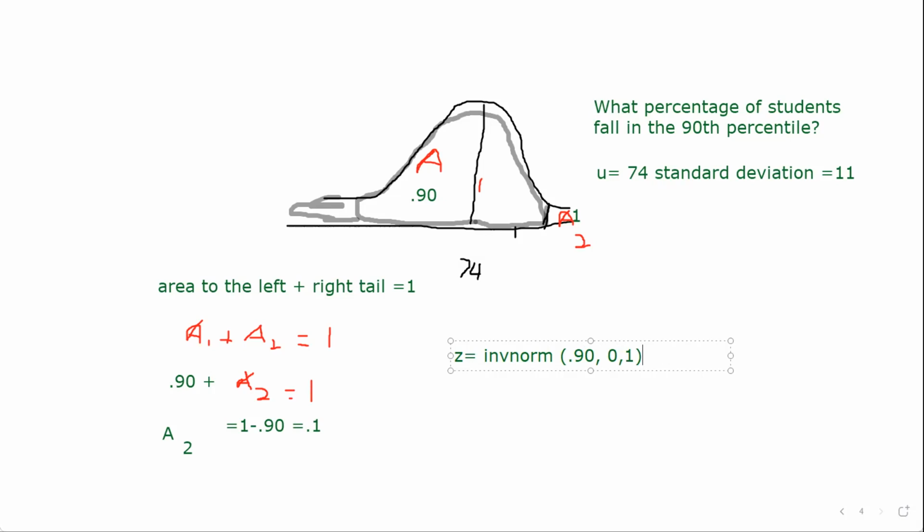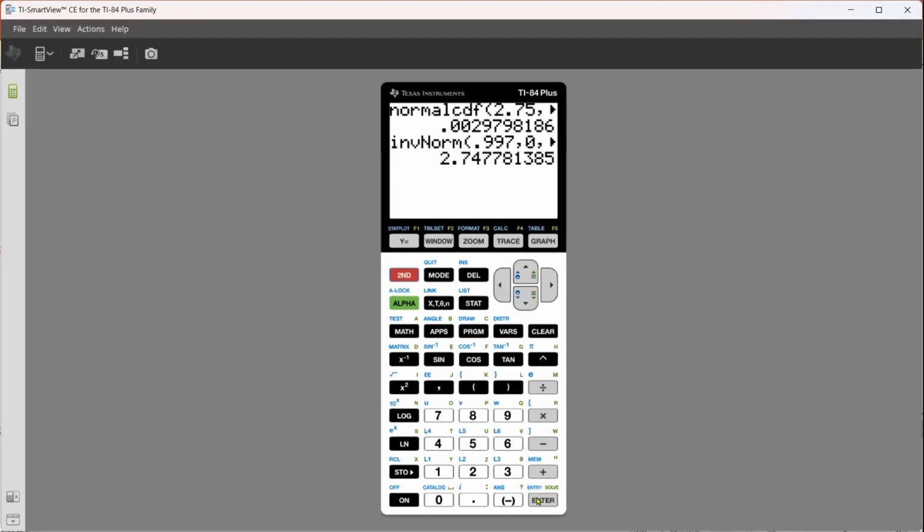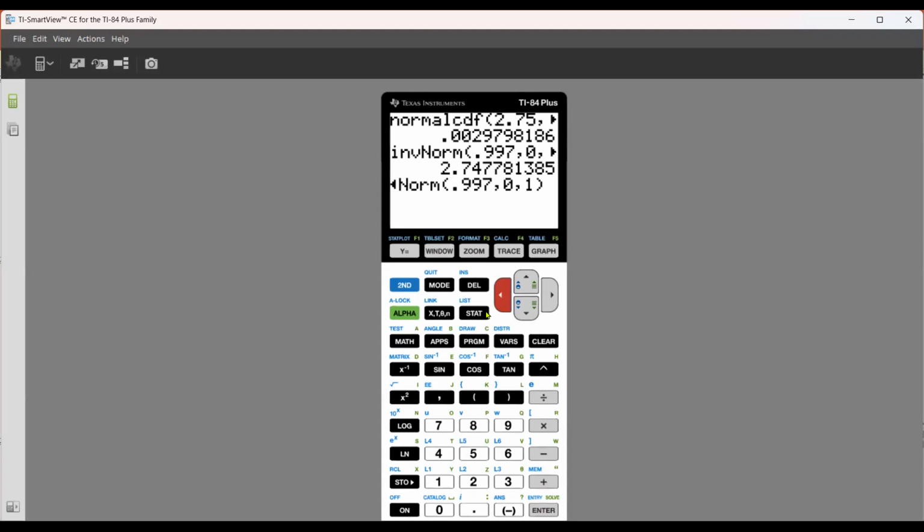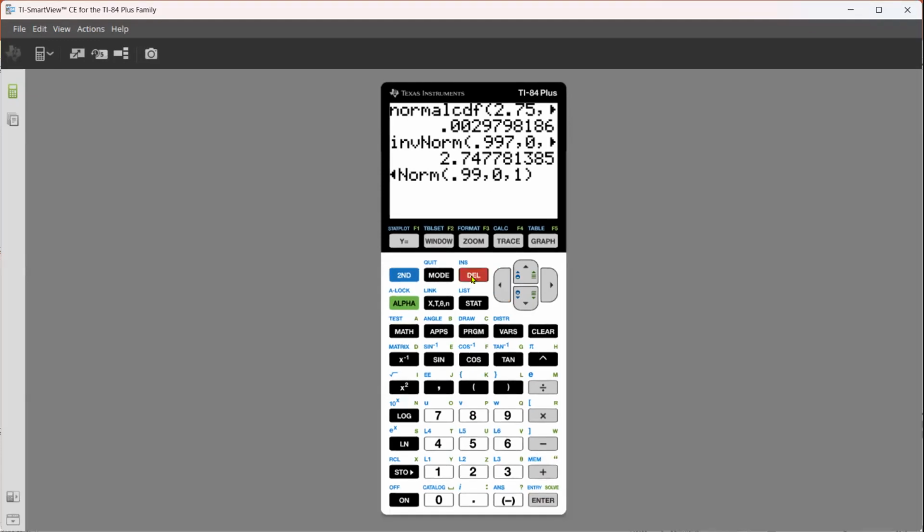I'll do it too. I'm going to do my little trick here. Inverse norm, and I'm going to change this input to 0.90.